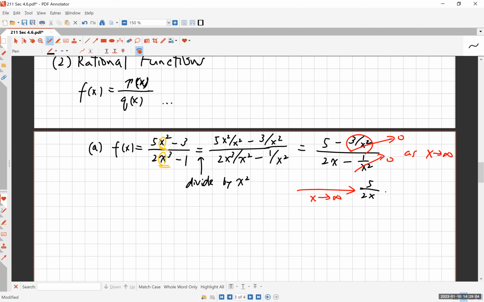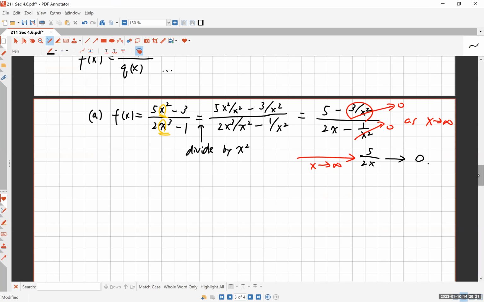So then this, of course, goes to 0, as x approaches infinity, because the denominator gets bigger and bigger. So by dividing each term by x squared, which is not changing the quantity, and since x is a large number and not 0, you can divide everything by the same quantity like x squared. And you can see that as x approaches infinity, this f of x approaches 0.